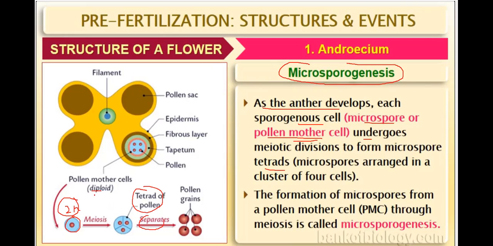So from one pollen mother cell, 4 pollen grains are produced. The formation of microspores from a pollen mother cell through meiosis is called microsporogenesis.